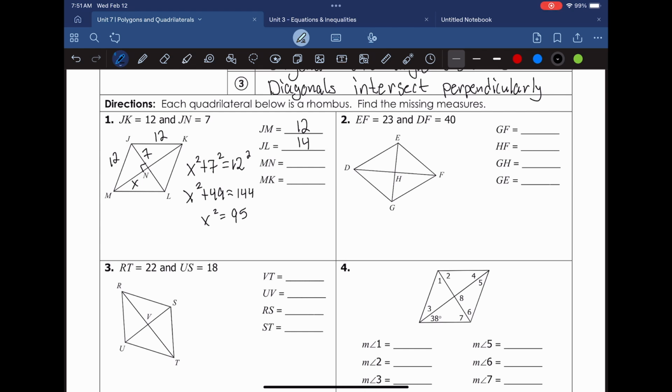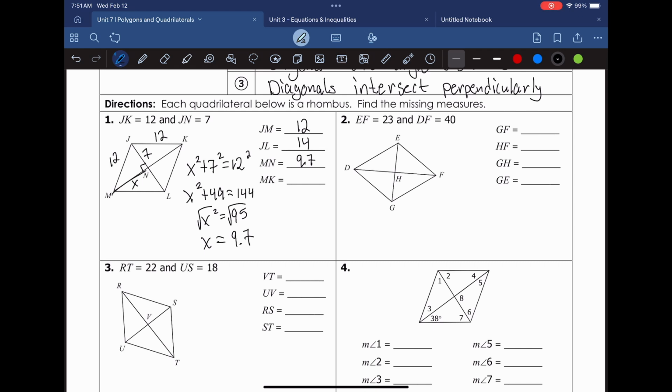Don't trust me. 144 minus 49 equals 95. And we have to take the square root of that. You get x is equal to 9.7.